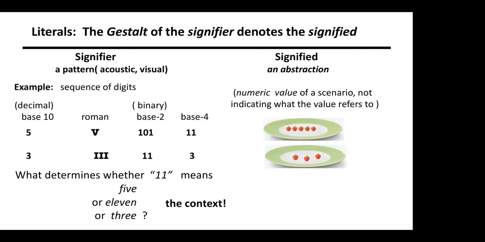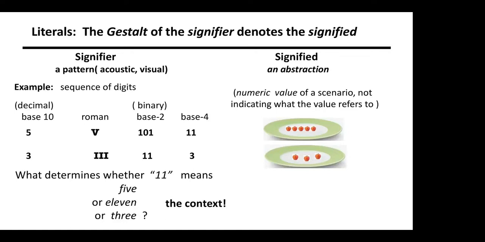So if I have a sequence of digits in the decimal base, on the right side you see I have 5 entities, 5 apples on the dish. I could use different numbering systems. I could use the decimal system, that would be 5, a Roman system, it would be a V. In binary, it would be 1, 0, 1, 3 bits, and in base 4, it would be 1, 1.